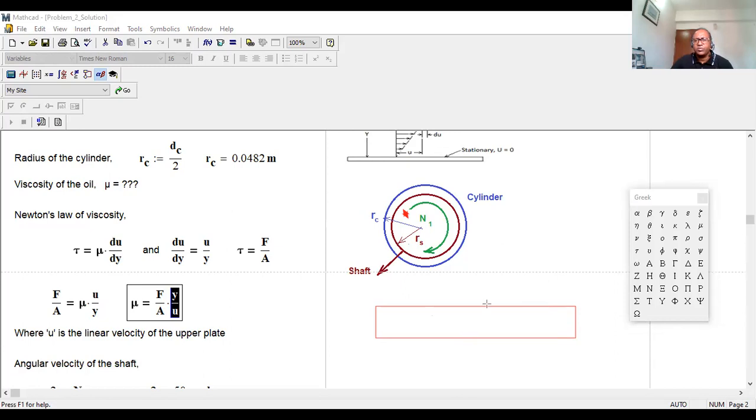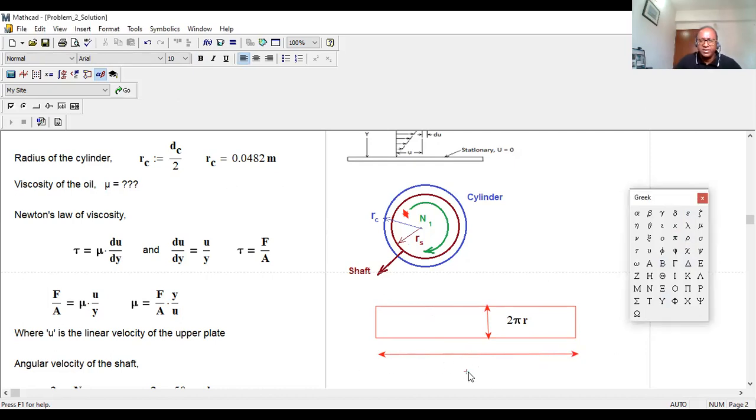This width will be 2 pi r, right? And what will be the outer surface length? Length is given L equal to 0.5 meter. So obviously you are getting the area.